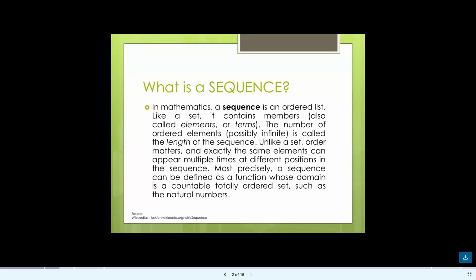Here's a little definition. You rightly say there's some kind of order to the list, right? Not just random numbers, but there's some order to the list. I mentioned here, each term is called an element.